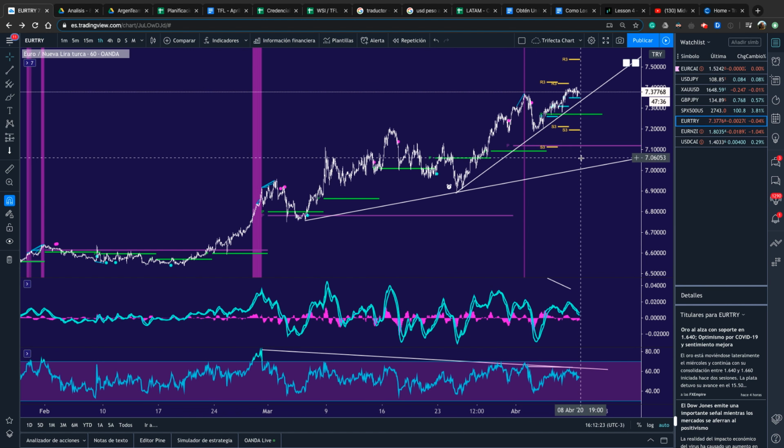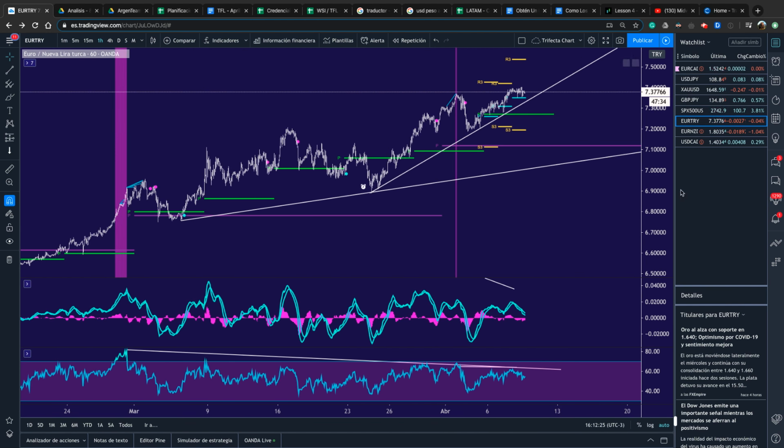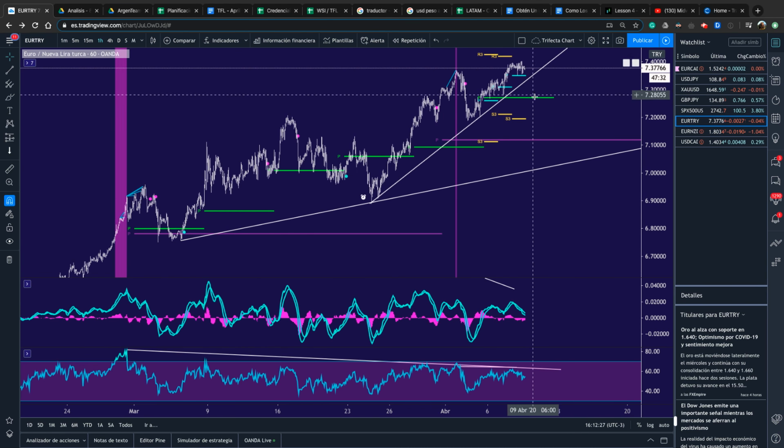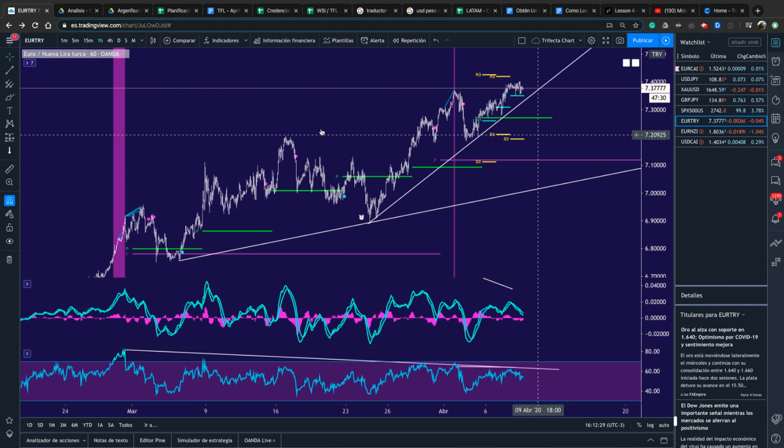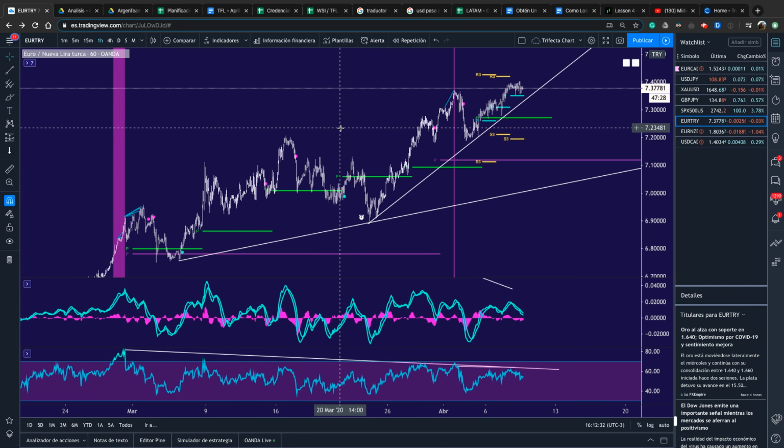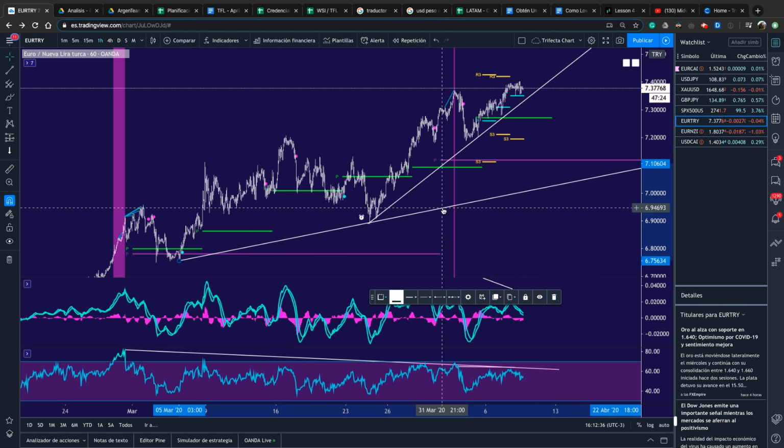Another financial instrument that I'm looking at right now is the euro against the Turkish lira, and we have this main trend here.